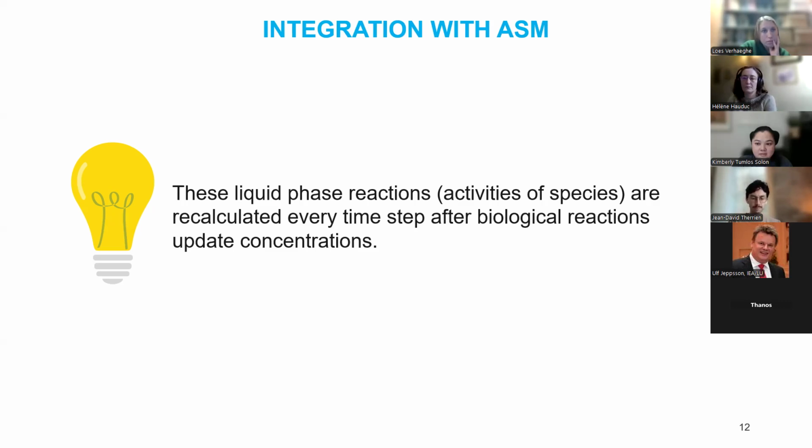So the activated sludge model will have the concentrations of your components, and then the physico-chemical model calculates the activities of the species for each time step, and then it will give back to the activated sludge model, for example, the pH, the activities, and the concentrations of the species.